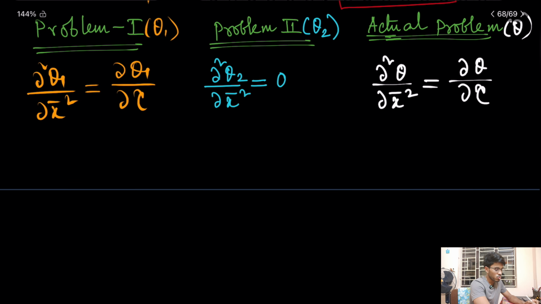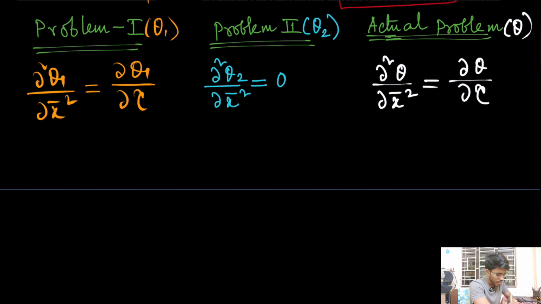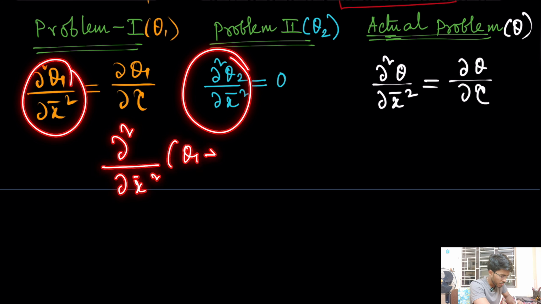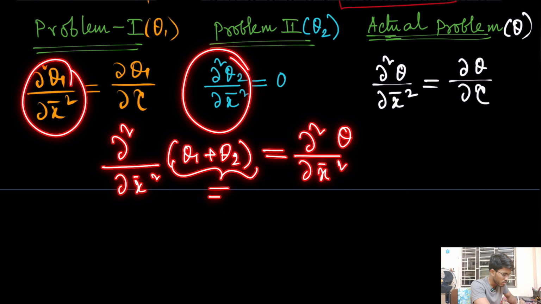Now you can argue that how I am getting this equation, this equation by adding these two, because if I add this and this, then I will get del 2 del x bar 2 theta 1 plus theta 2, and then I can write it as my del 2 del x bar 2 theta, because this is equal to theta.